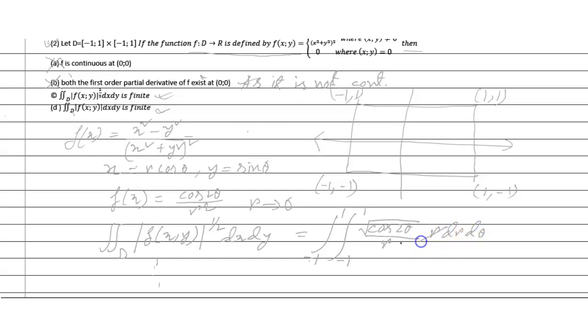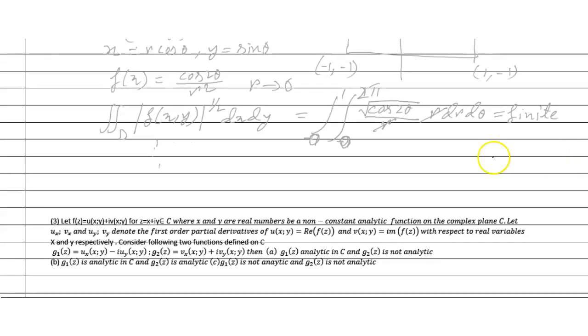So according to this, this value is finite, and it can be written this way. When I write it, it is 0 to 2 pi and 0 to 1. So this value is finite.